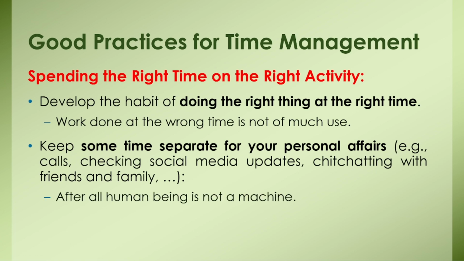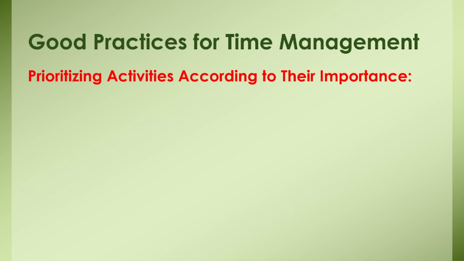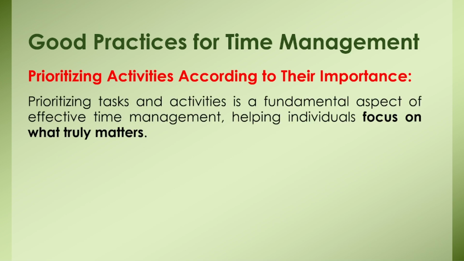And the last thing we spoke about is the prioritization of activities according to their importance. So prioritizing tasks and activities is a fundamental aspect of effective time management. Prioritization is very important, and procrastination also is very important. One of them is positive prioritization, very useful for time management. The other one is the negative aspect, which is procrastination. We shall see in a while.